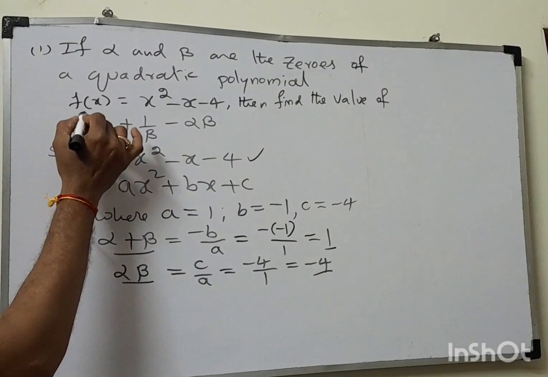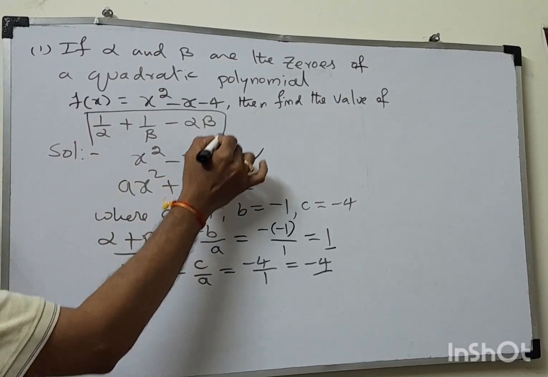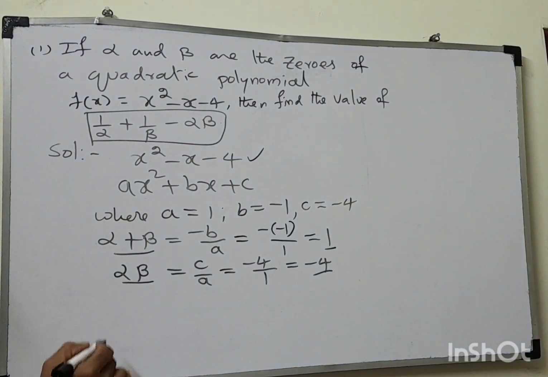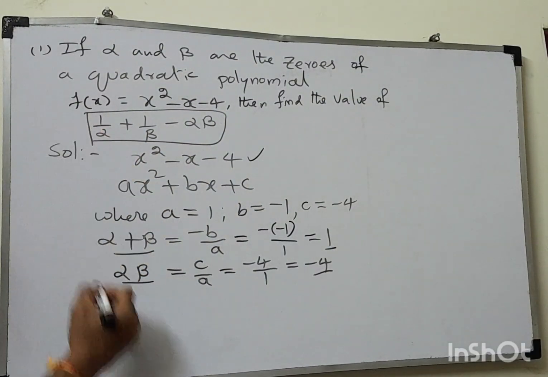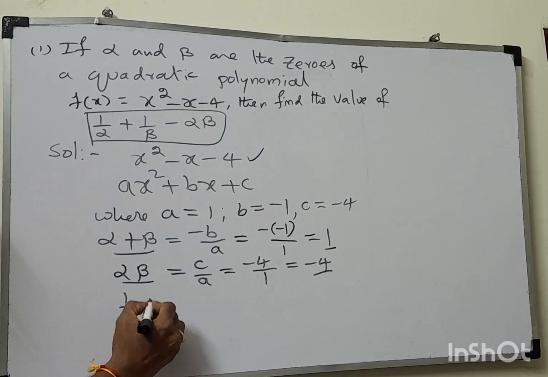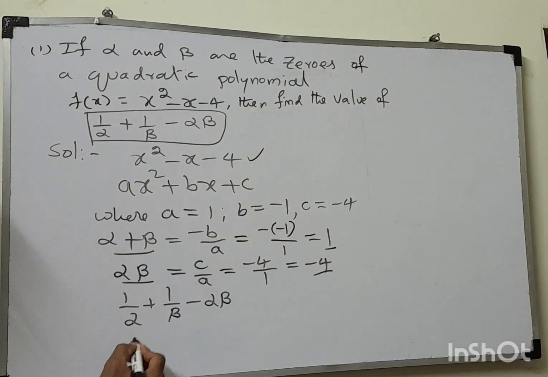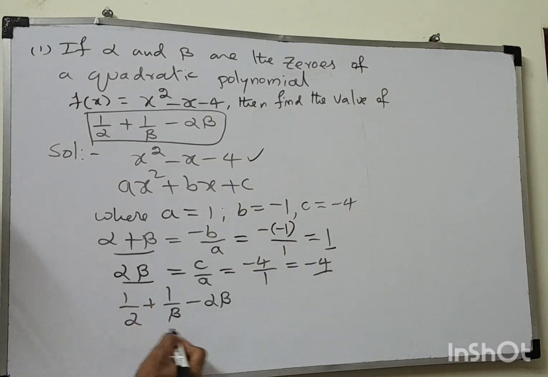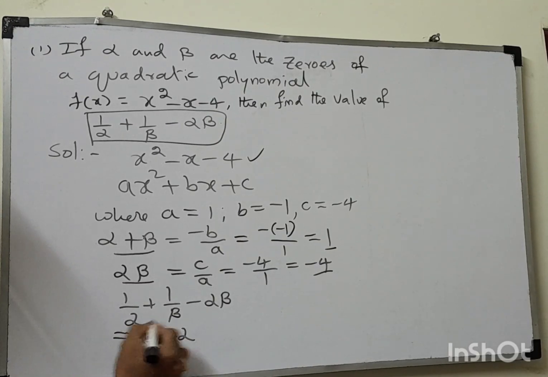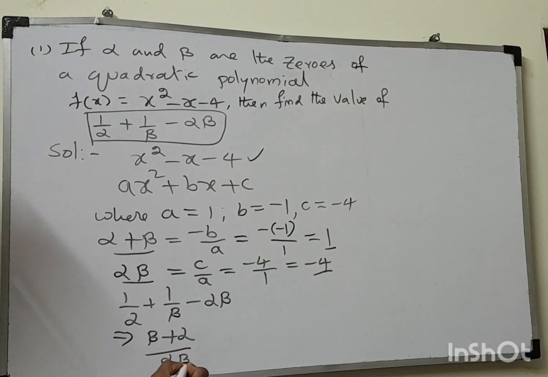So the problem asks to find the value of 1 by alpha plus 1 by beta minus alpha beta. Now write this down. If you take the LCM of these two, it will be alpha into beta. So this becomes beta plus alpha by alpha beta, because the LCM is alpha into beta.